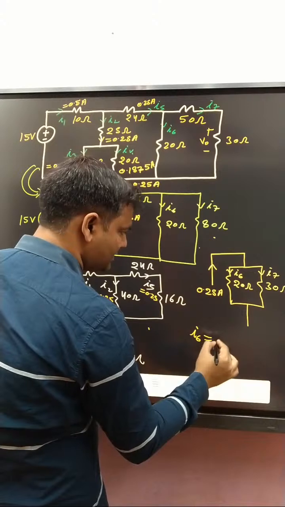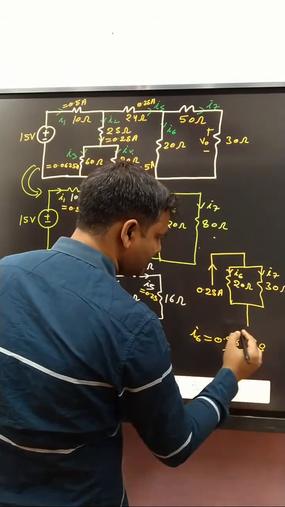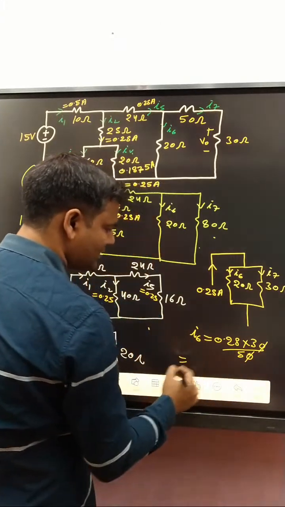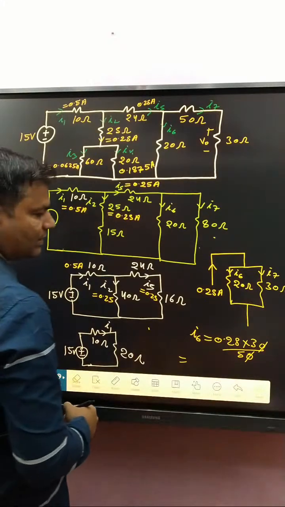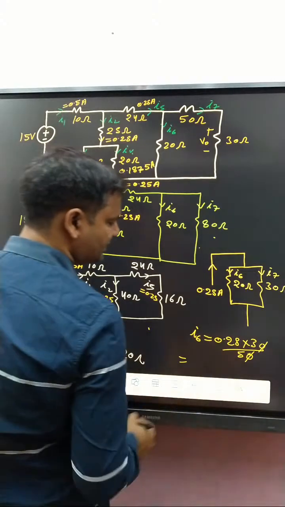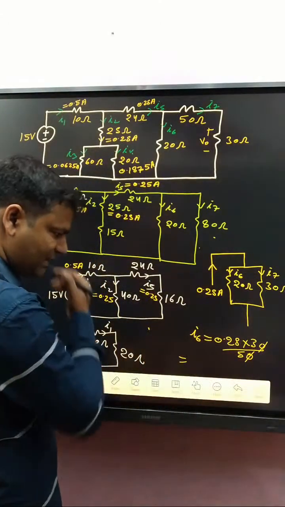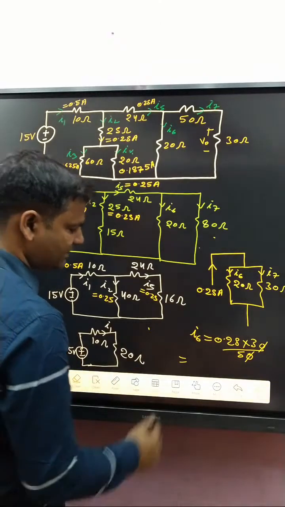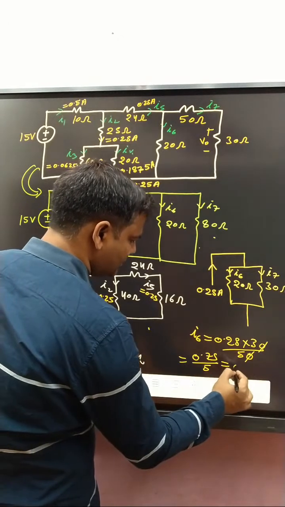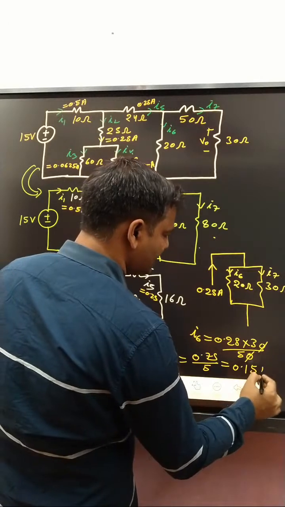I6 is how much? 0.25 into 30 divided by sum of these two, that is 50. Okay, so that is 1 by 2, that one is 10, 0.75. 0.75 divided by 5, that is how much? 0.15 ampere.